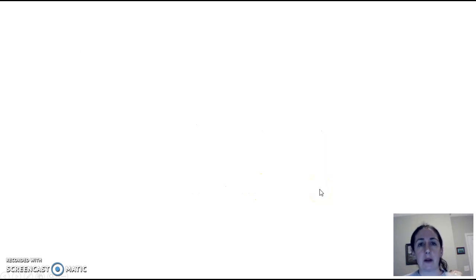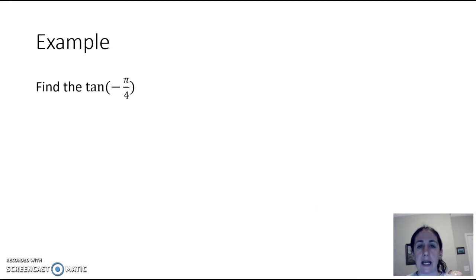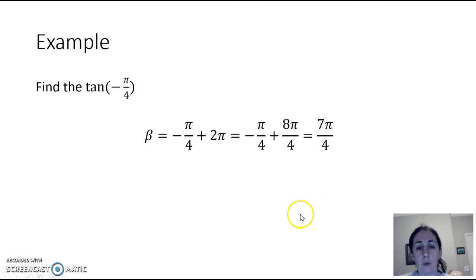Let's do another example. Let's find the tangent of negative pi over 4. And again, if you look at your unit circle, you'll realize that negative pi over 4 is not on the unit circle. So let's find a coterminal angle that is. Now notice all the angles that are on the unit circle are positive, so we'll find a positive coterminal angle by adding 2 pi. And when we do and we find our common denominator, our coterminal angle is 7 pi over 4.